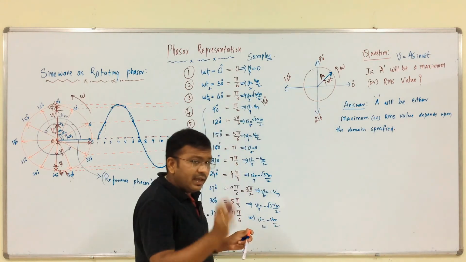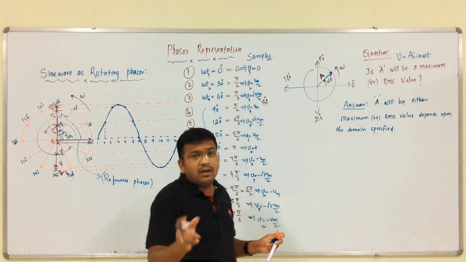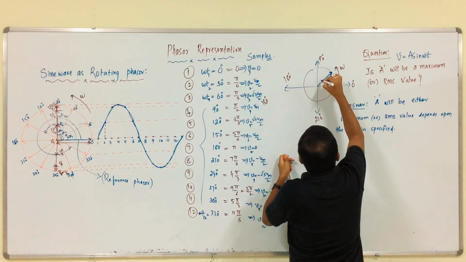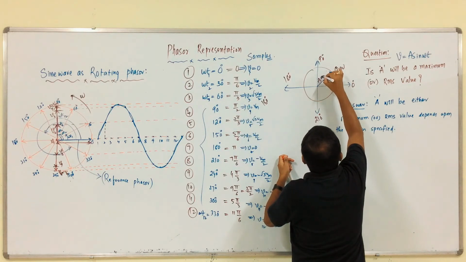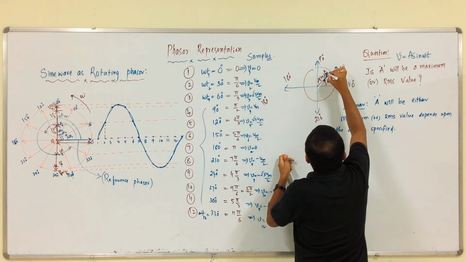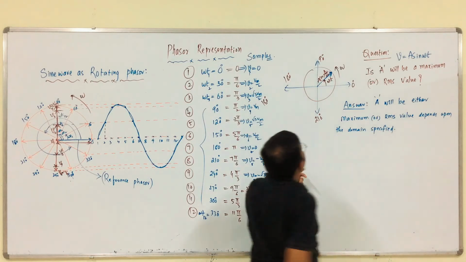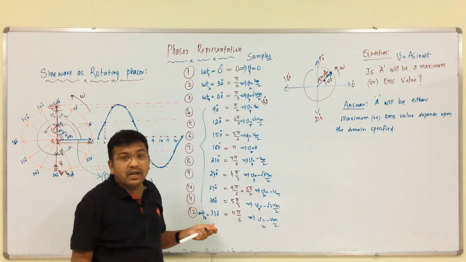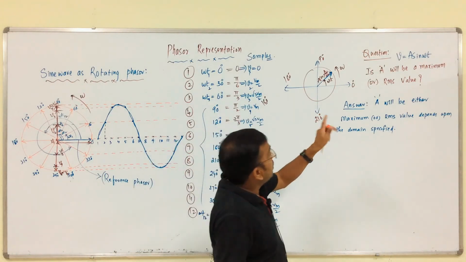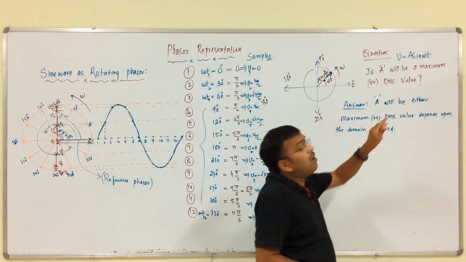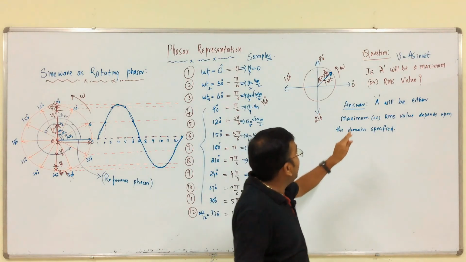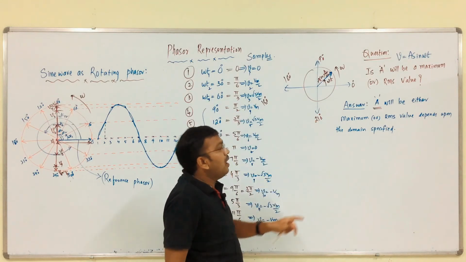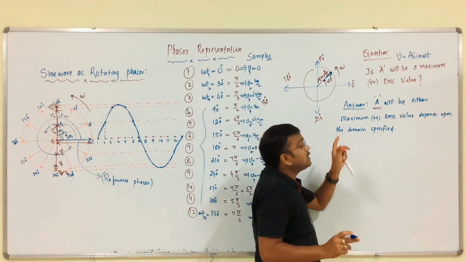So, it should be A or A by root 2. A means what? Maximum value. A by root 2 means what? RMS, Vm by root 2, right? So, the question is, will A be a maximum or RMS value? The answer is, A will be either the maximum or RMS value, depending upon the domain specified.